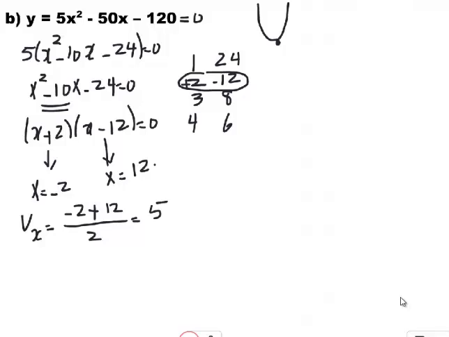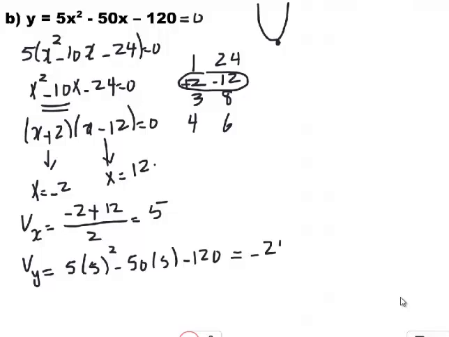Then I'm going to put it back in the equation. I'm going to get v sub y is 5 times 5 squared minus 50 times 5 minus 120, which is going to give me negative 245.